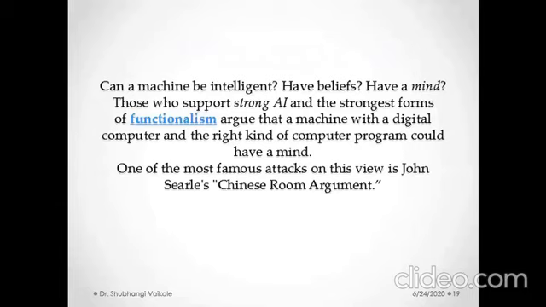So can a machine be intelligent? Have beliefs? Have a mind? Those who support strong AI and the strongest forms of functionalism argue that a machine with a digital computer and the right kind of computer program could have a mind.